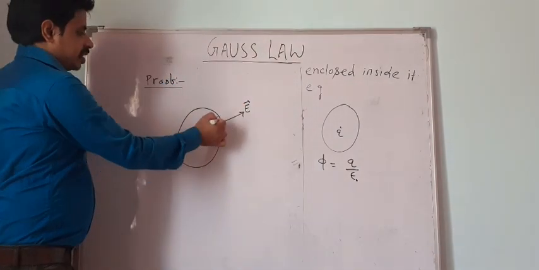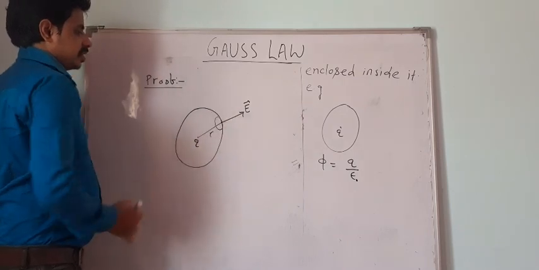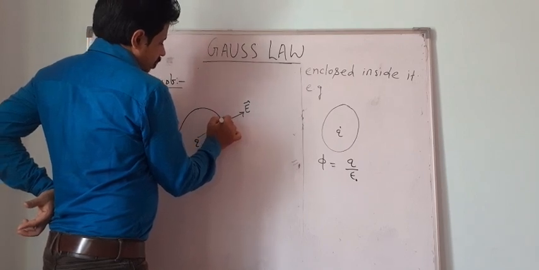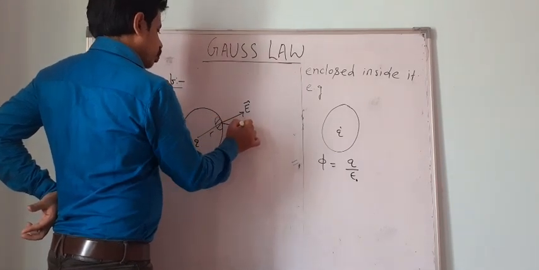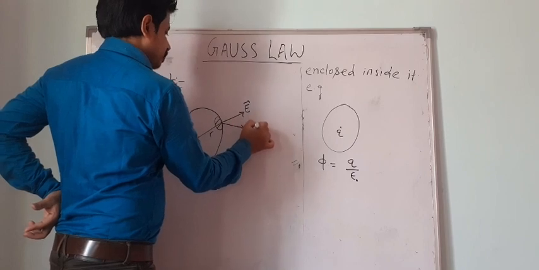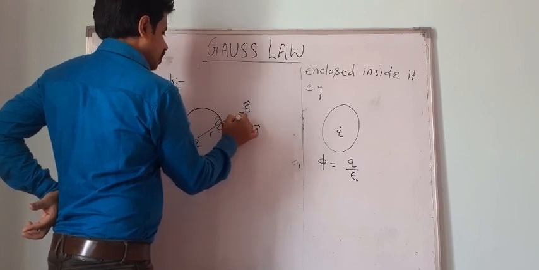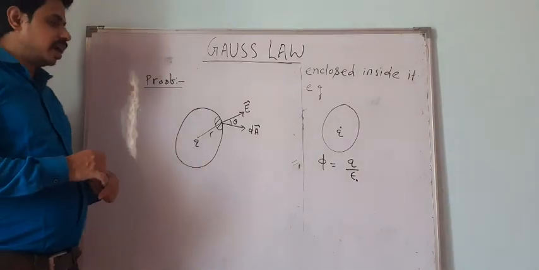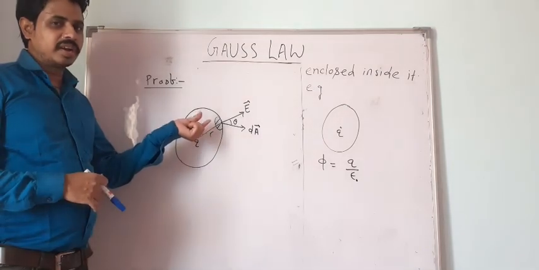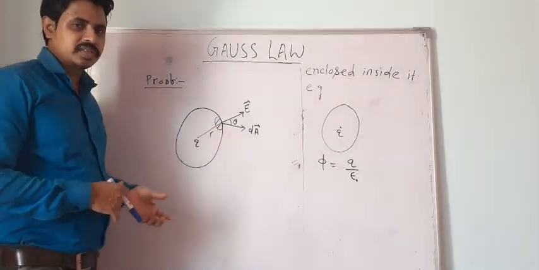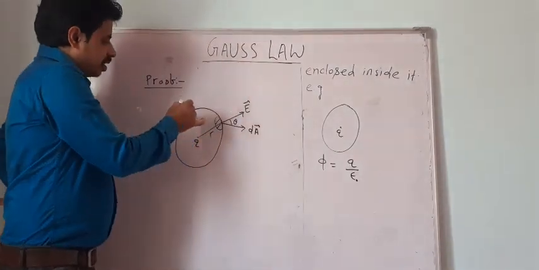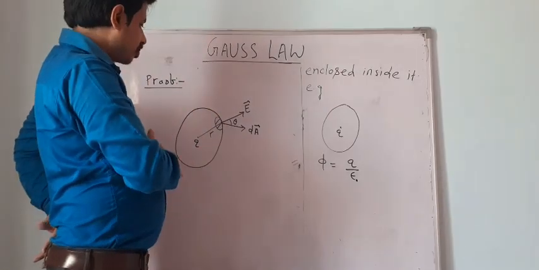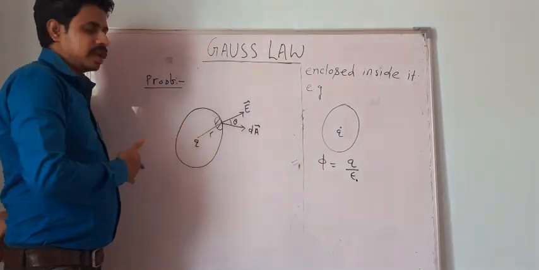From this point charge, the distance of this point is r, and let the area vector point toward this direction dA, and this angle is theta. This is my situation. I assumed a small surface. I will try to find the flux through this small surface, and then will integrate over the entire surface to get the total flux, and we'll see whether it comes q by epsilon naught or not.